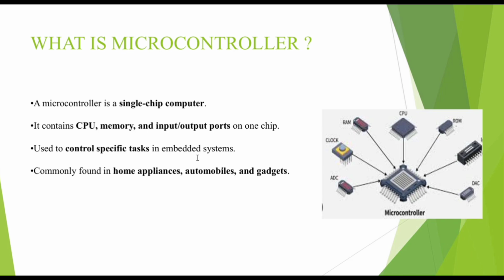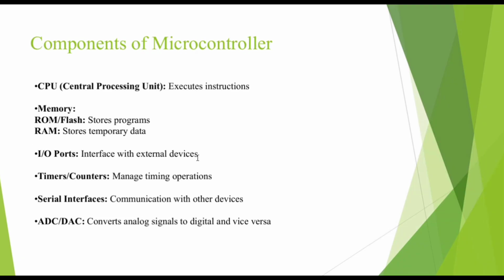It is commonly found in home appliances, automobiles and gadgets. So let's see in the next slide the components of a microcontroller. Here are the components: CPU, memory, I/O input output ports, then timer counters, then serial interfaces and ADC and DAC, which convert the analog signal to digital signal and vice versa.